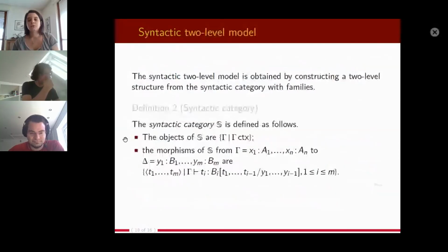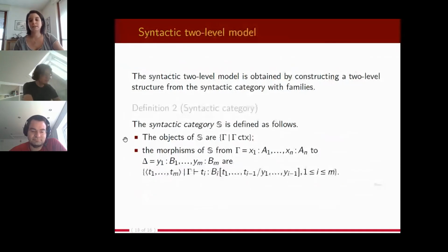So to prove initiality, we have to construct at first the syntactic model. Here, the syntactic two-level model can be obtained by constructing a two-level structure from the syntactic category with families.